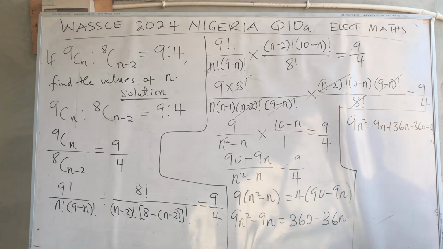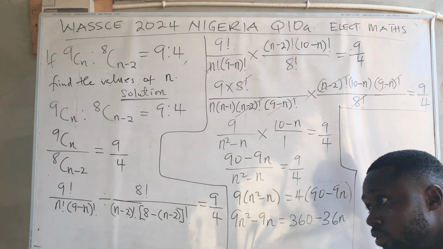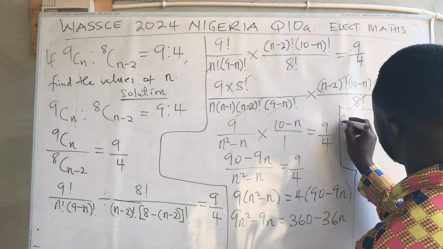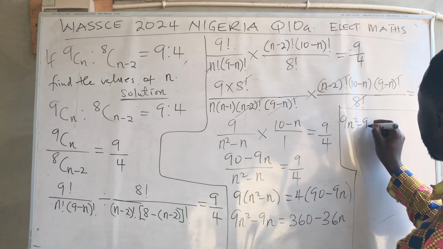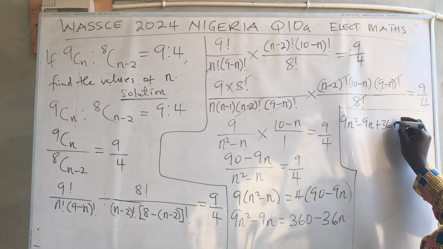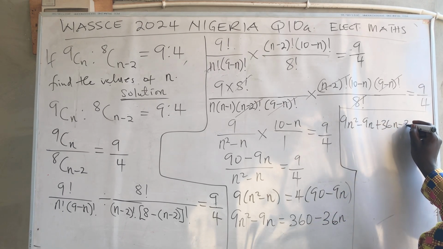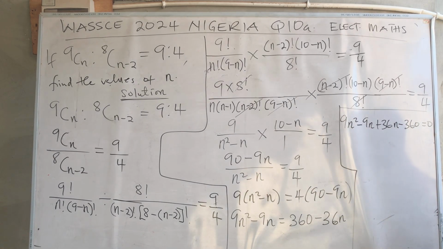Okay, let me write it well so that we can see it clearly. So we can have 9n square minus 9n plus 36n minus 360 to be equal to 0. So this is what we have.